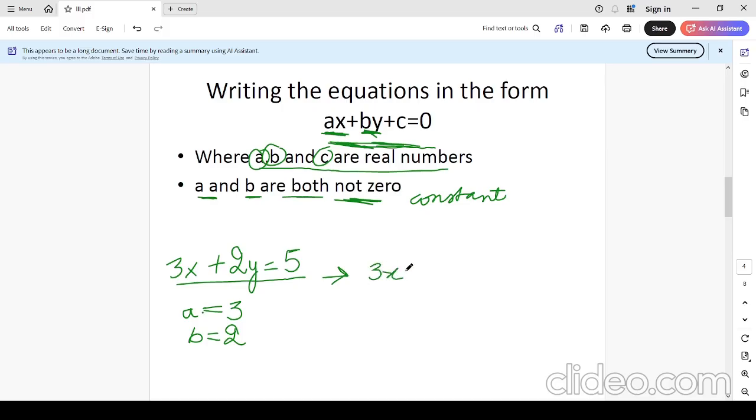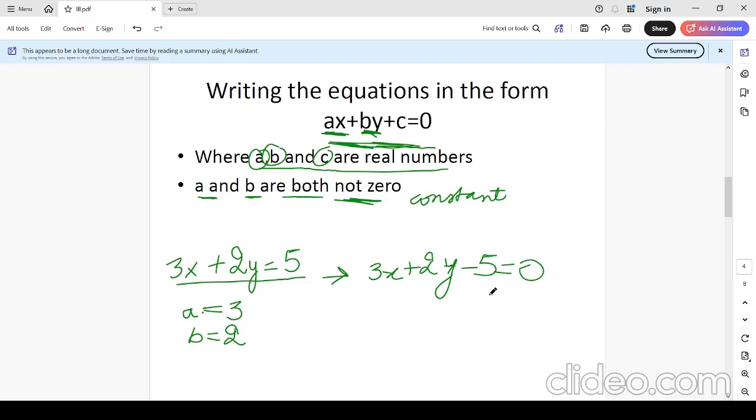3x plus 2y. Now take this 5 to the left side, because at the right side it must be 0. Minus 5. When you take this 5 to the left side, the positive sign will be converted to a negative sign, equals 0.